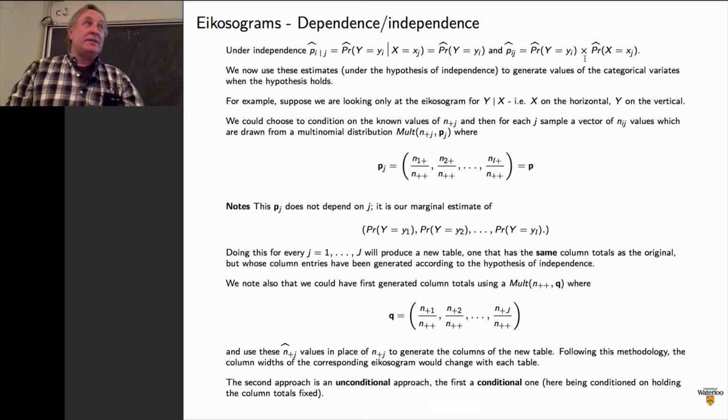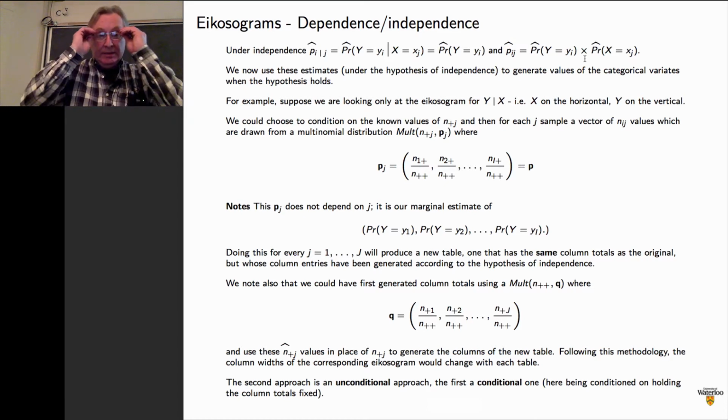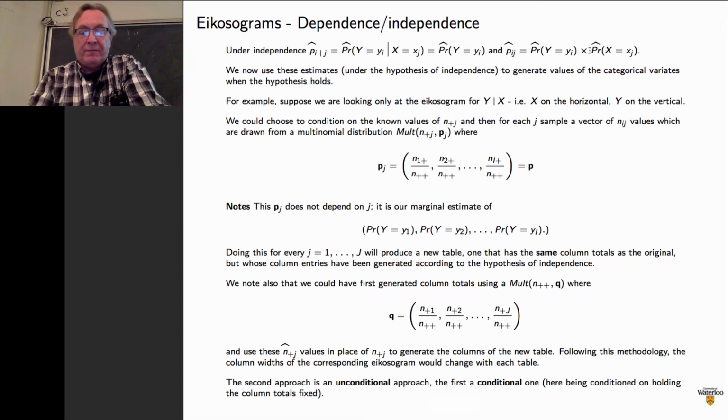So what this is about then is how might I generate that data? For example, if I think about the Ikosogram where y is conditional on x, so y is on the vertical axis, x on the horizontal, what I could do is fix the values of each x, right? Hold those numbers constant. And then I just need to generate y values for each one of those constants according to the probability vector that corresponds to the marginal probabilities of y. Okay? Make sense?